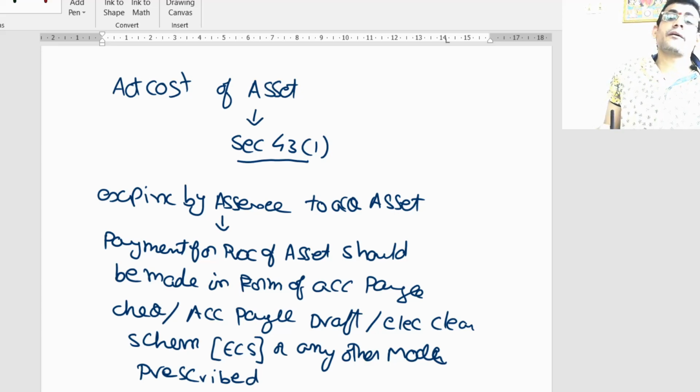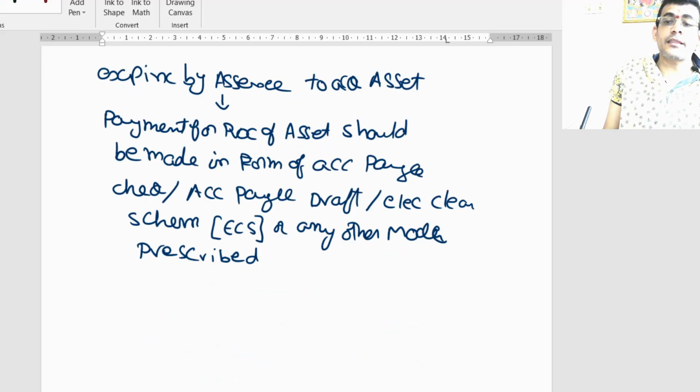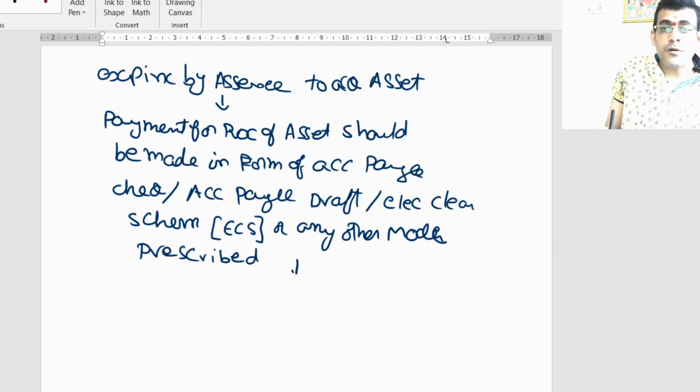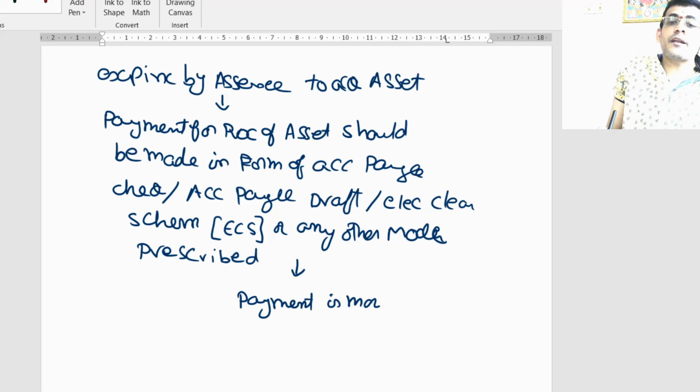When should this happen? Whenever the payment is more than 10,000. This provision is applicable only where the payment is more than 10,000.